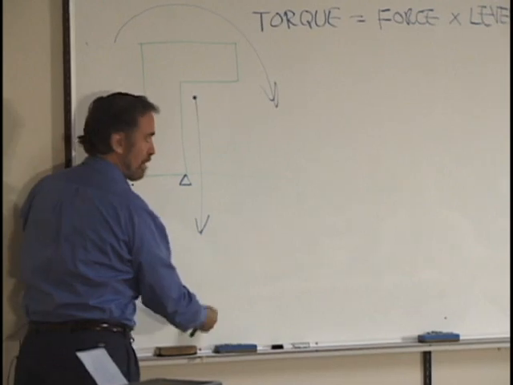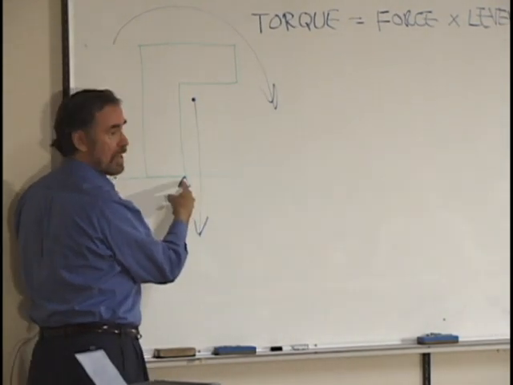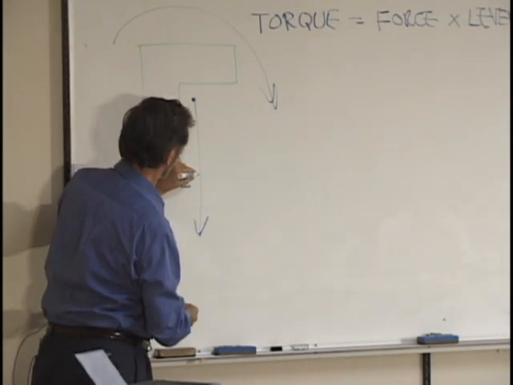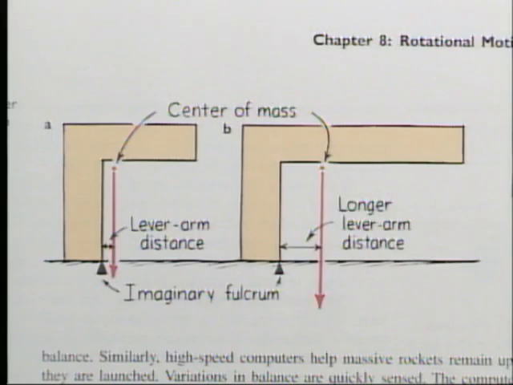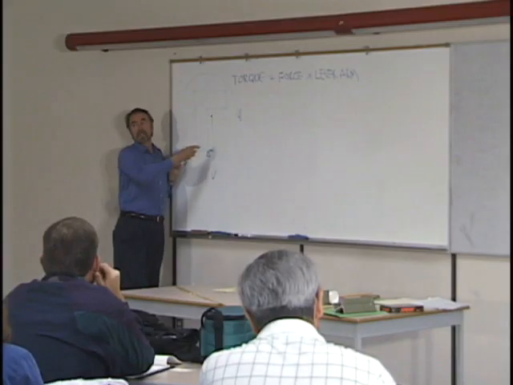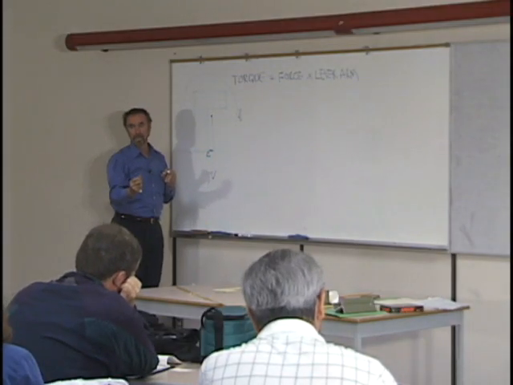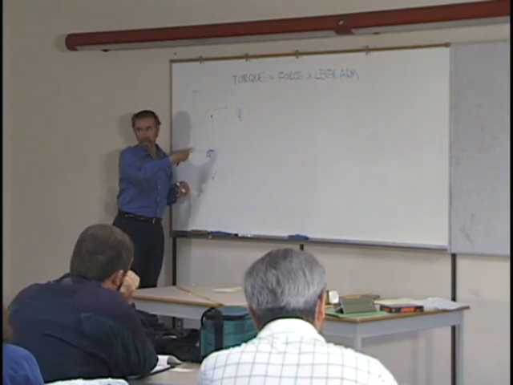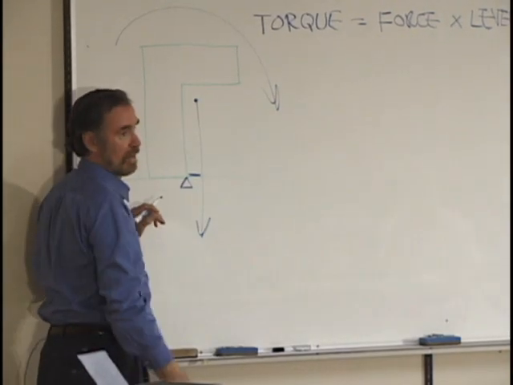Between the line of action of the force and the point of rotation, the shortest distance is this. And that's your lever arm. And when you have a force acting through a lever arm, you'll get a rotation. Just as forces produce accelerations, torques produce angular acceleration. And this thing will rotate down.